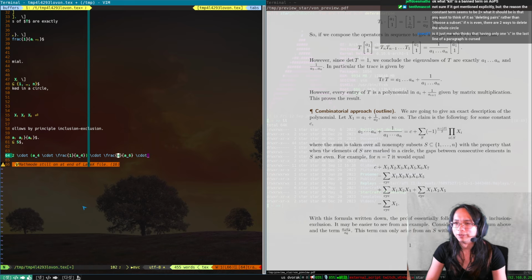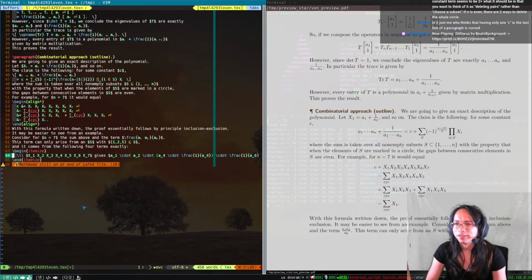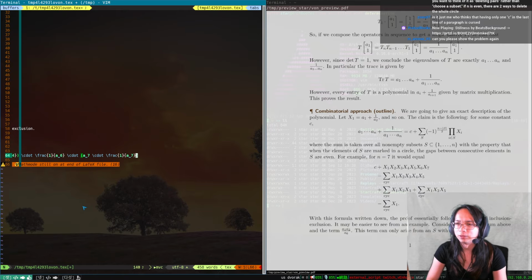Also, that's not how you type. A7? 1 over A7? Or is it A? Wait, which one is it? So 5 is a 1 of 6, 7, yeah, 7, no. Hang on. Oh, it's flipped the other way around, that's why.